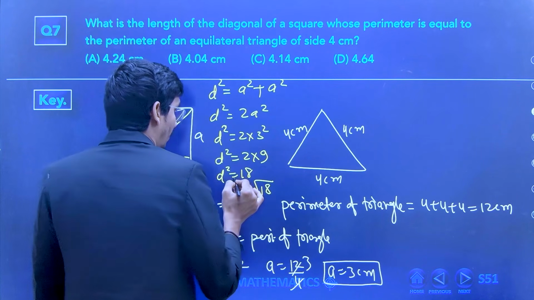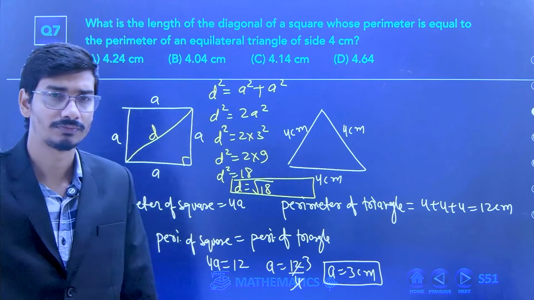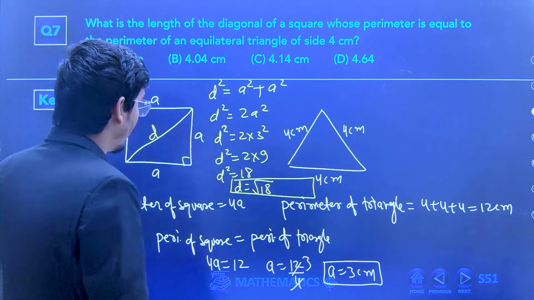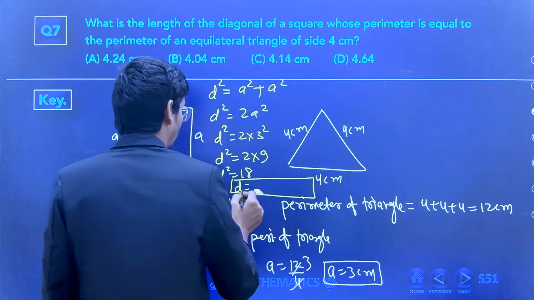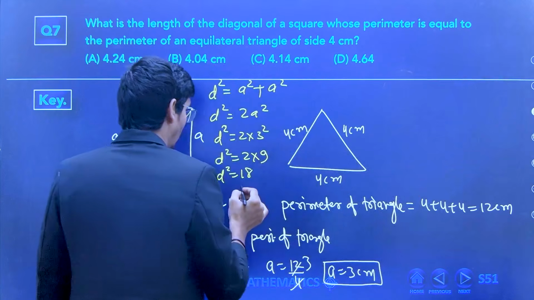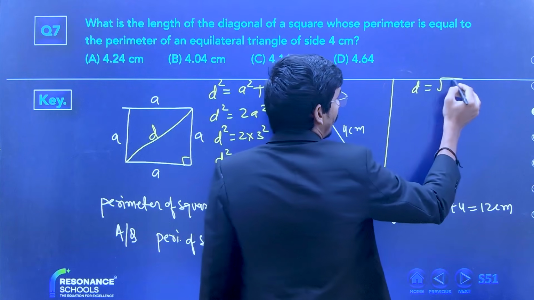So D equals root 18. What is the approximate value of root 18?